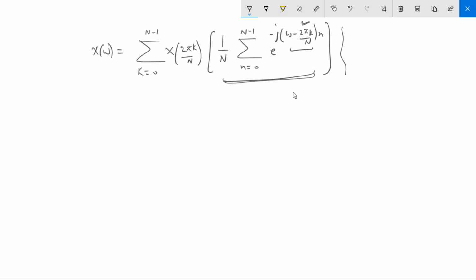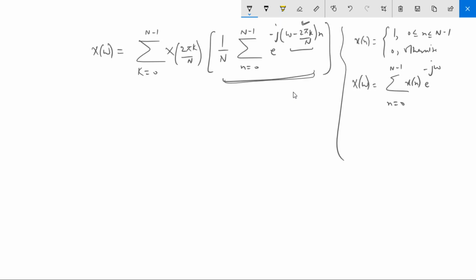And what is that function? If I take a sequence x[n] equal to 1 between 0 to N minus 1, otherwise 0, and find its Fourier transform, the DTFT, it is the summation of n from 0 to N minus 1 of x[n] e raised to power minus j omega n, and since x[n] is unity from 0 to N minus 1, it will simply become the sum of e raised to power minus j omega n.